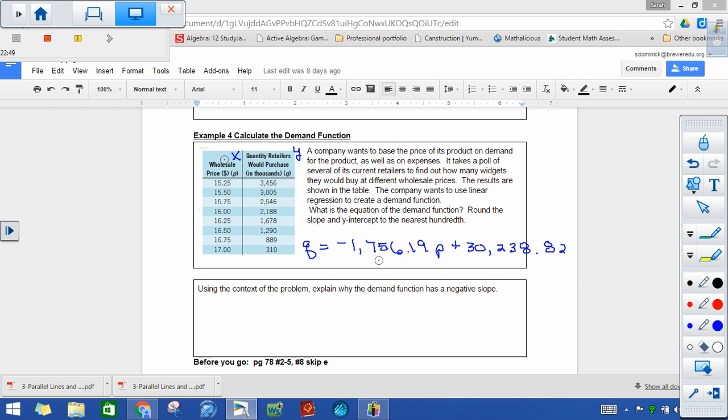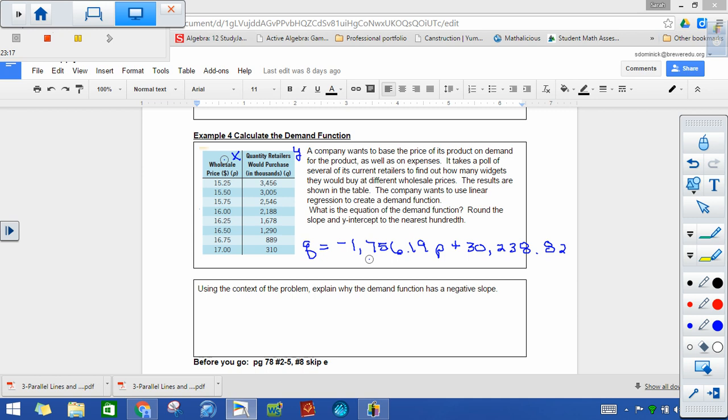Okay? So down here it says, using the context of the problem, explain why the demand function has a negative slope. So we're going to think of this slope. Remember, your slope is the change in y, so for us the quantity, divided by the change in the wholesale price. So this is saying that the quantity retailers would purchase is going to go down by over 1,000 if I increase the price. So that would make sense, right?